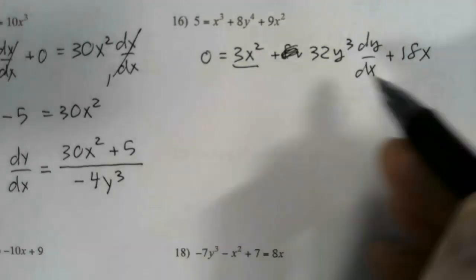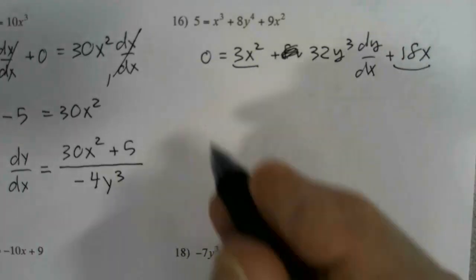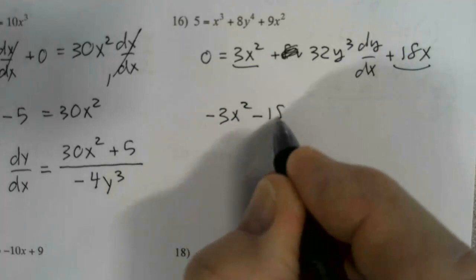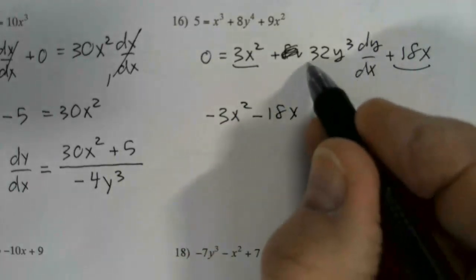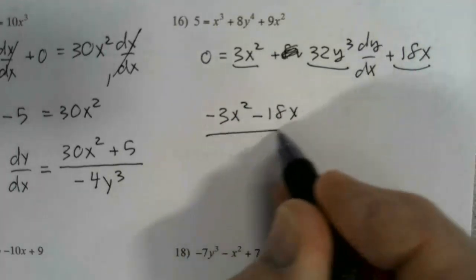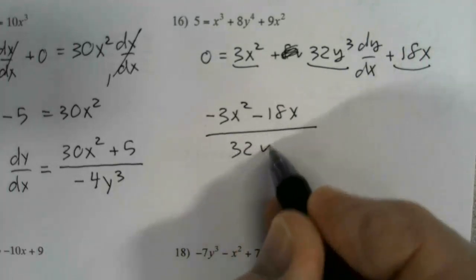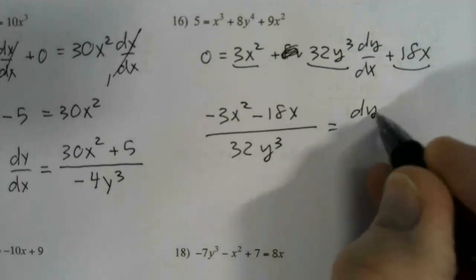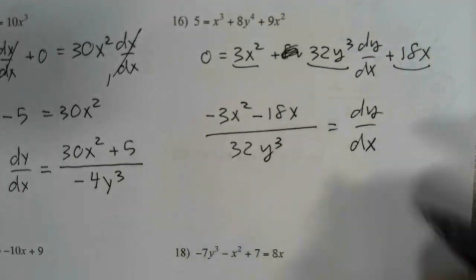So let's move this term and this term to the left side. Negative 3x squared minus 18x, and then I'm going to divide by that term. Divided by 32y to the third, and that is going to equal my dy/dx.